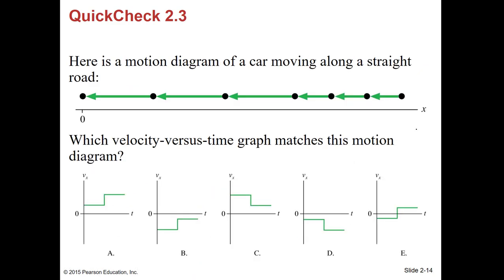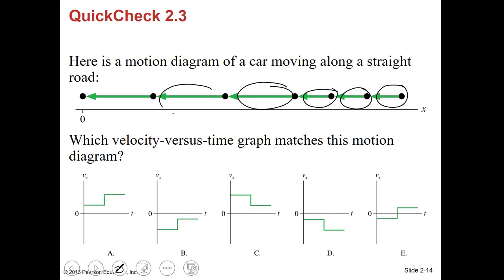Okay, excellent. So here's a motion diagram of a car moving along a straight line. Okay, so we're going in the negative direction. We're going this way. So negative for the first 3 vectors, and now more negative even than we had before. Same idea as the last one.